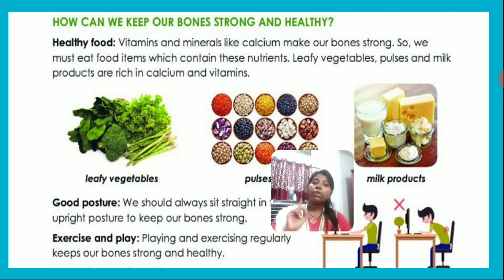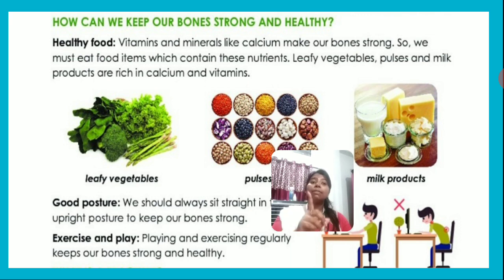So the first thing to make our bones strong and healthy is that we should have a diet of vitamins and calcium. As I told you, we need to have milk every day, because milk provides calcium, which is very important for our bones.